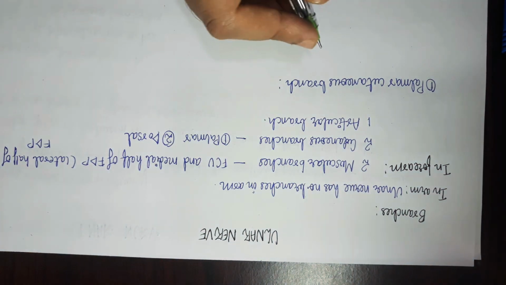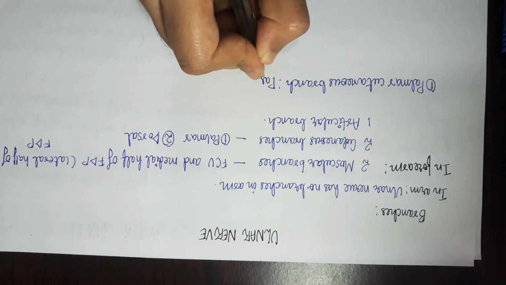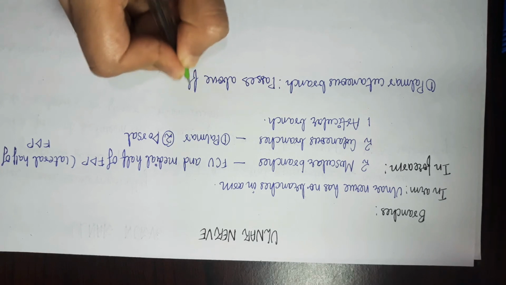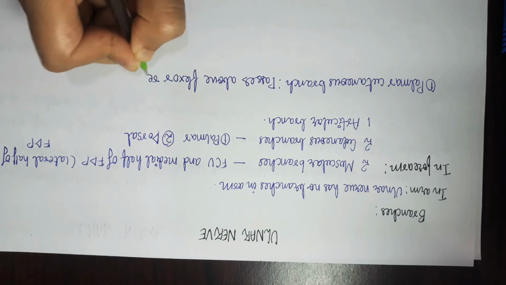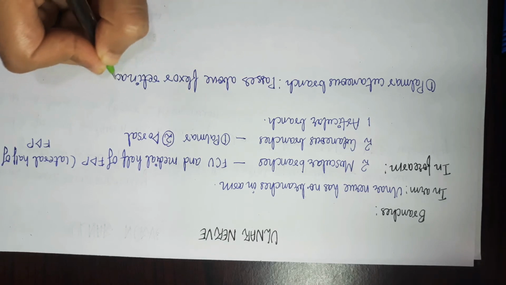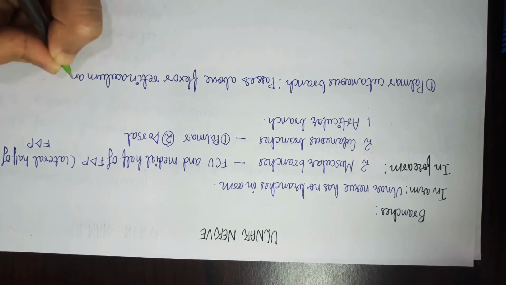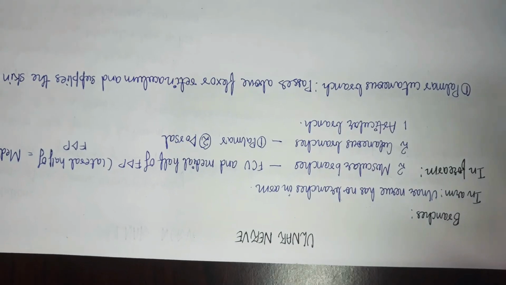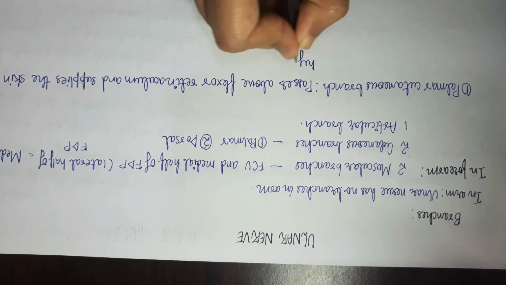So the ulnar nerve palmar cutaneous branch passes above the flexor retinaculum and supplies the skin over the hypothenar eminence.